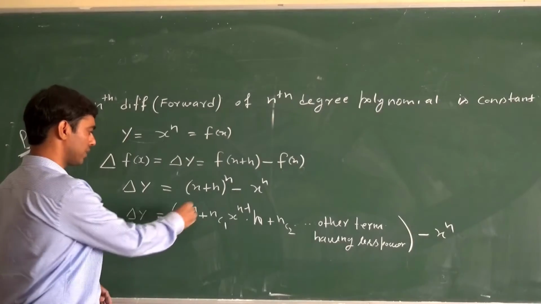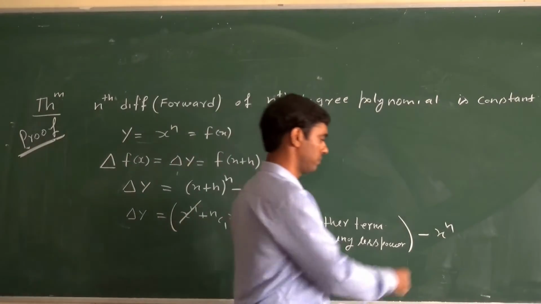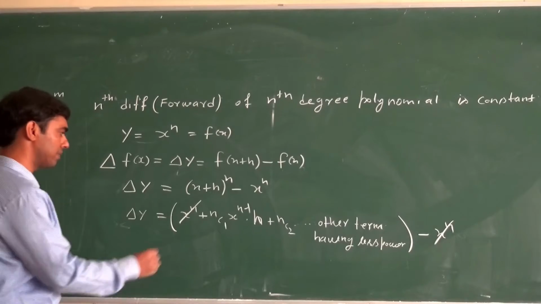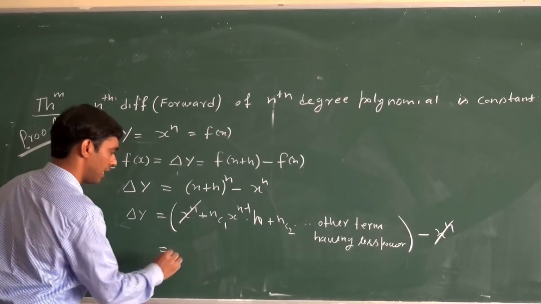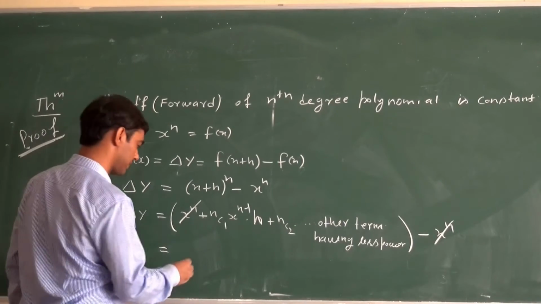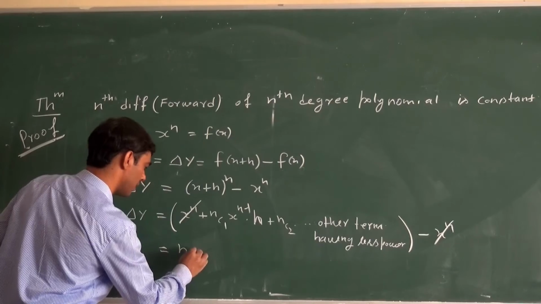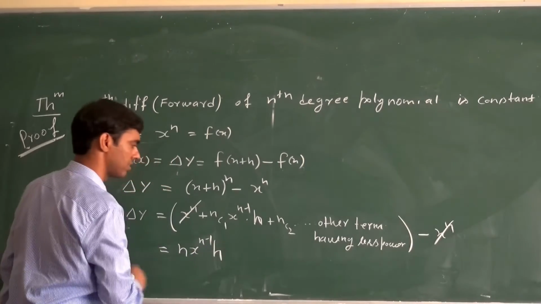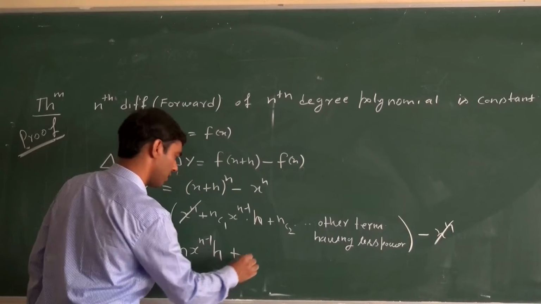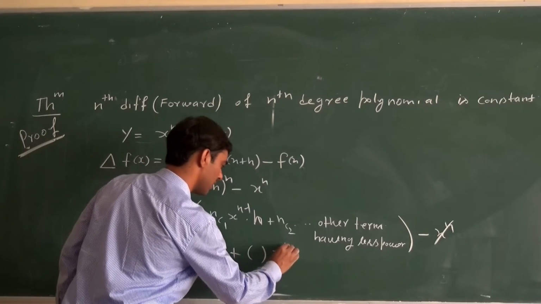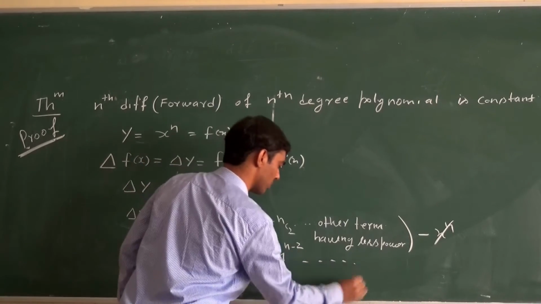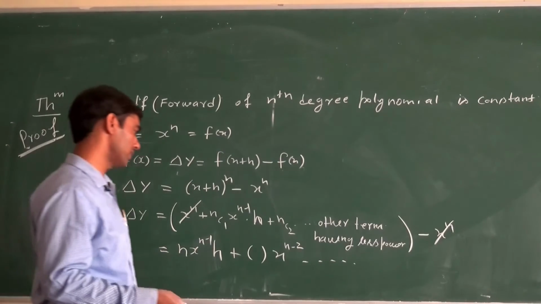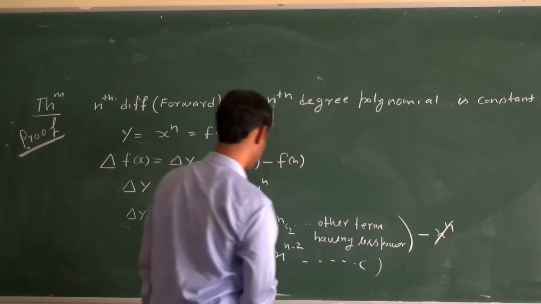If we simplify, the x^n terms cancel. What is the remaining term? nC1 becomes n, so n x^(n-1) h plus a coefficient times x^(n-2) and so on, and the last one is a constant.